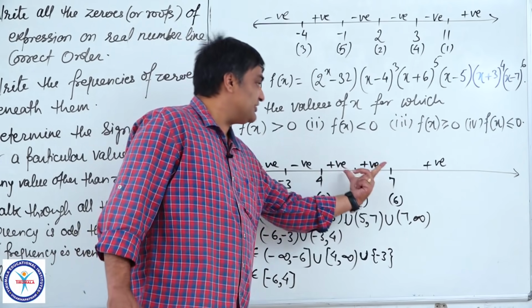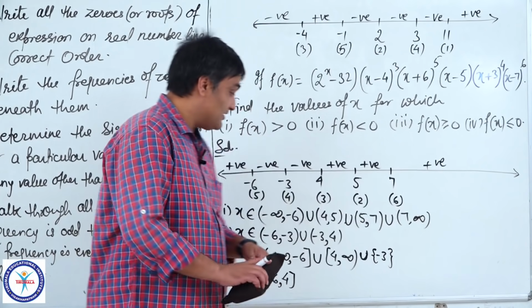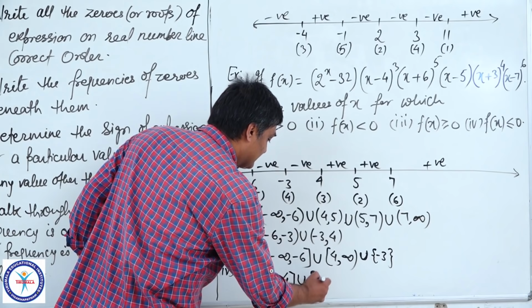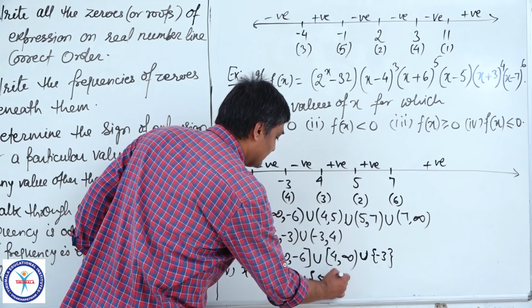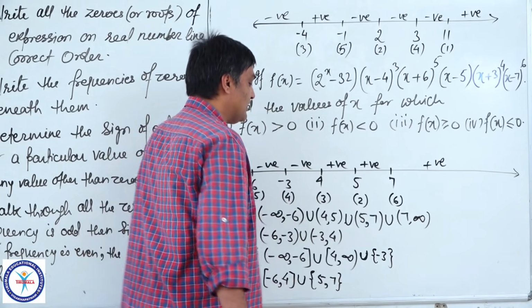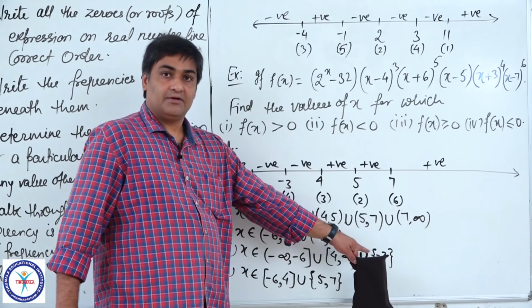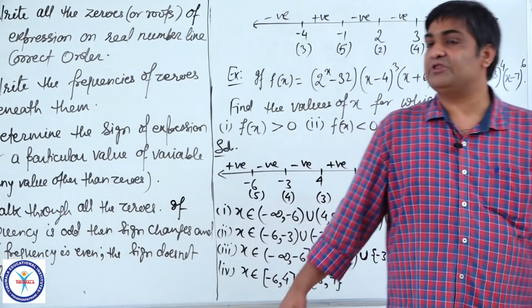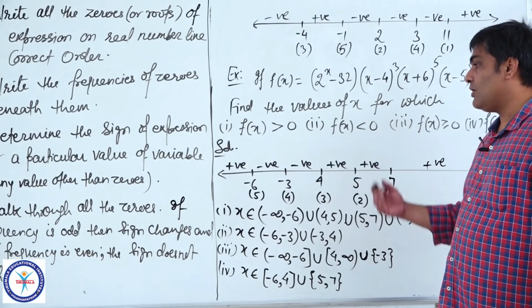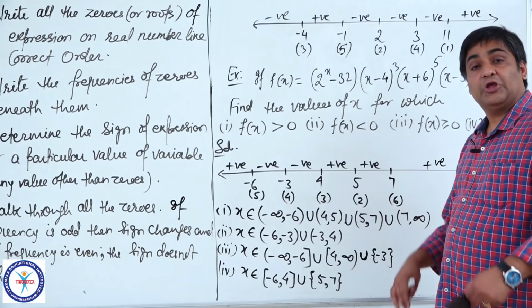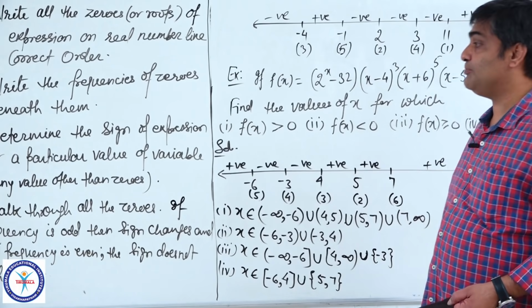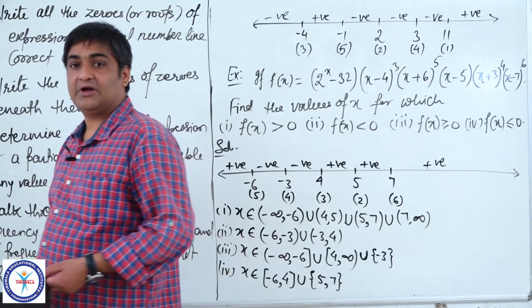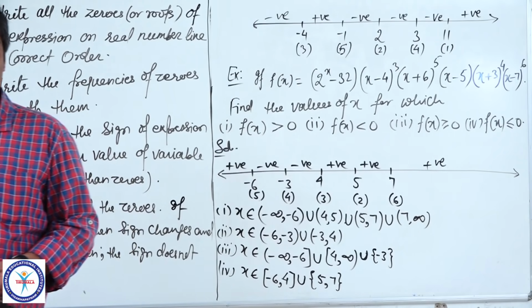And these two values 5 and 7 will be under set sign, not interval sign, because only two values. Here minus 3 is under set sign. Okay, so this is how we use the wavy curve method for determining the sign of expressions.